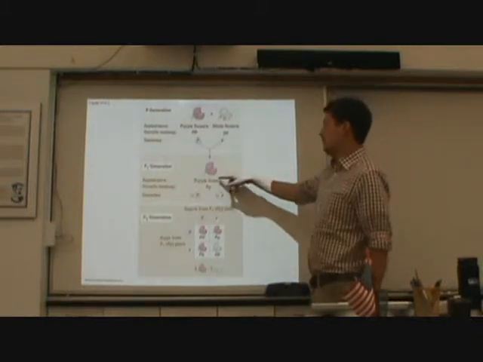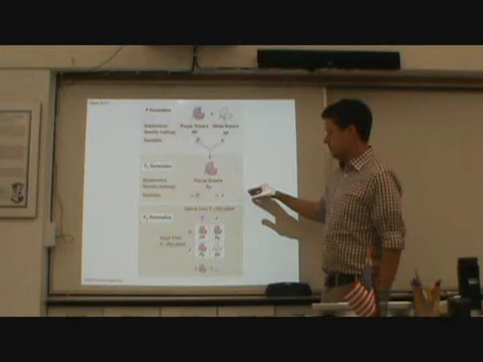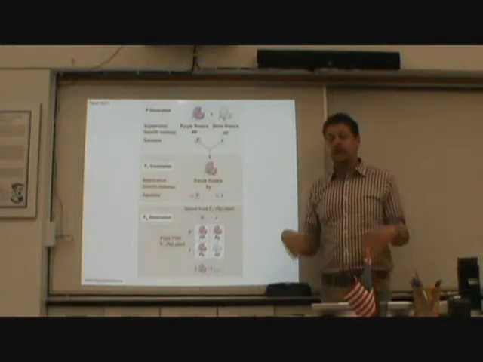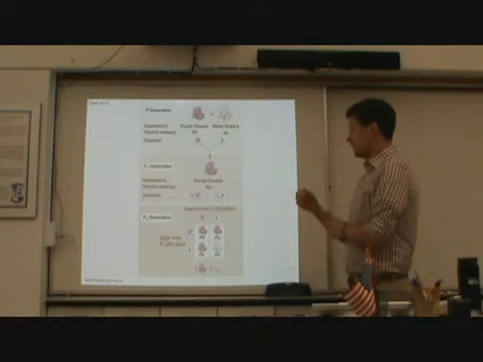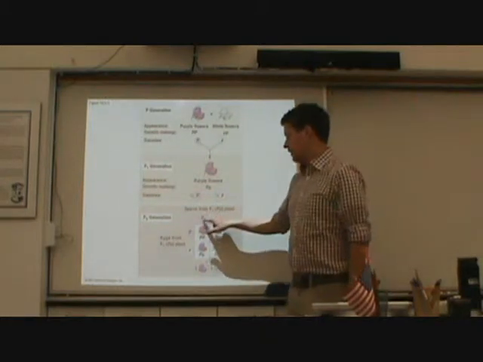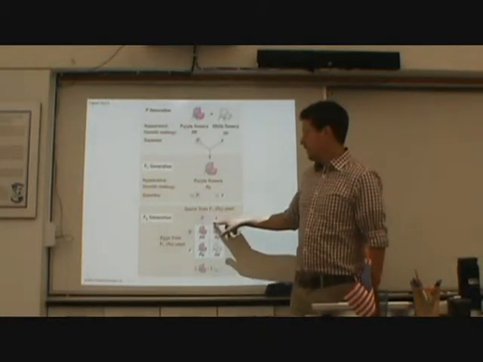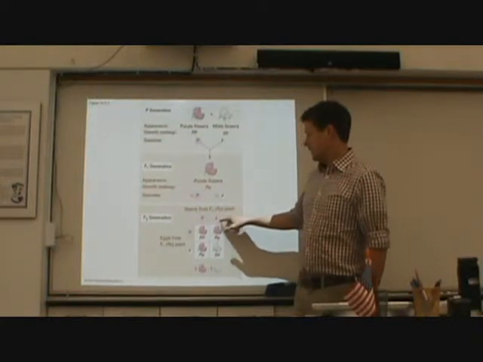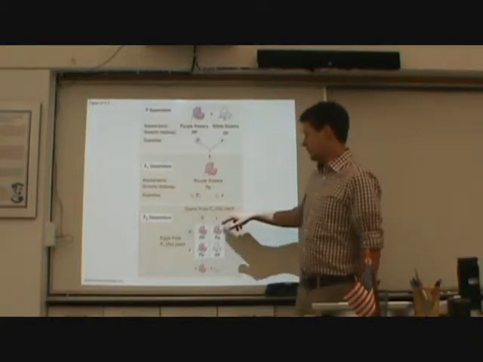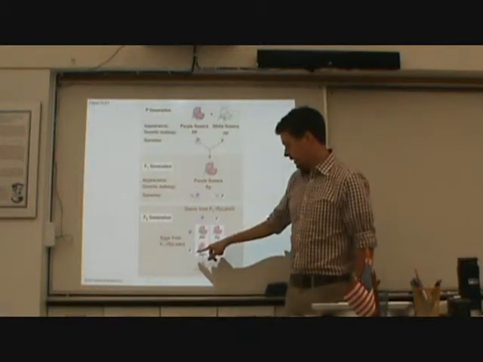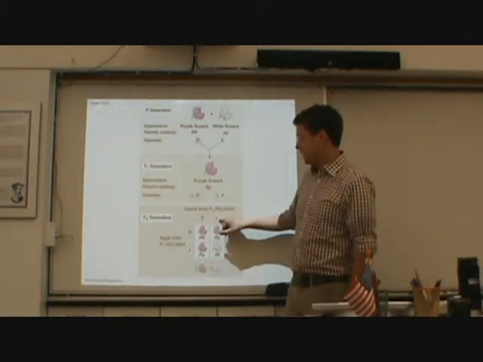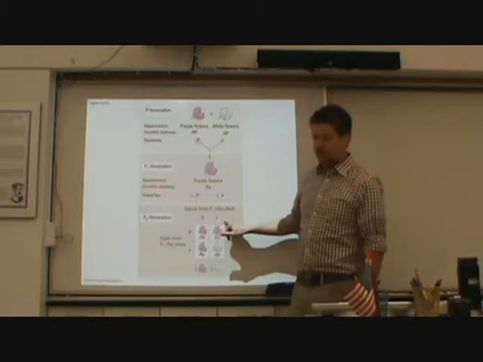But if you were to cross that with itself, you could use this Punnett square to determine what kind of ratios you might get of offspring. So you just put the 2 different alleles from one parent on this side. So this top one is the sperm from the F1 plant. And then you have eggs from the F1 plant. And each of those is giving 1 purple allele and 1 white allele.